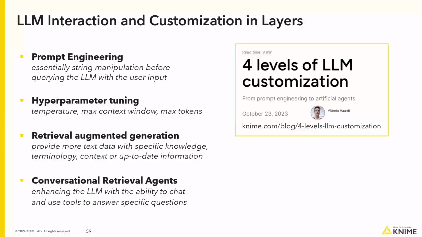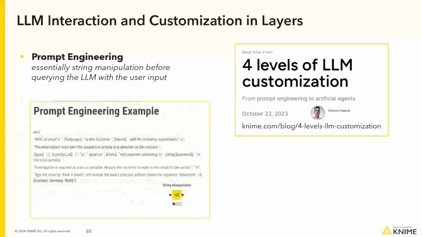We have broken down this interaction into 4 different steps, each basically building on top of the other. And these 4 levels of customization and interaction with LLMs can be done in a low-code fashion with KNIME Analytics Platform. Let's start from the most straightforward, and probably the one you are most used to if you are using ChatGPT, maybe even in the browser, which is prompt engineering.